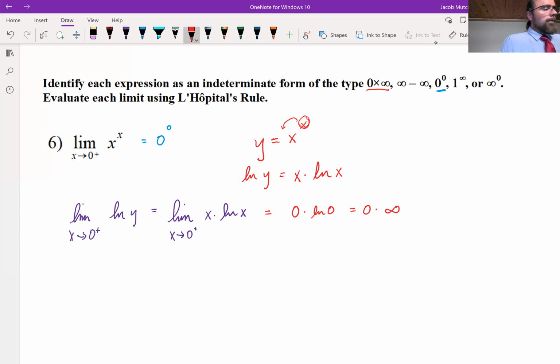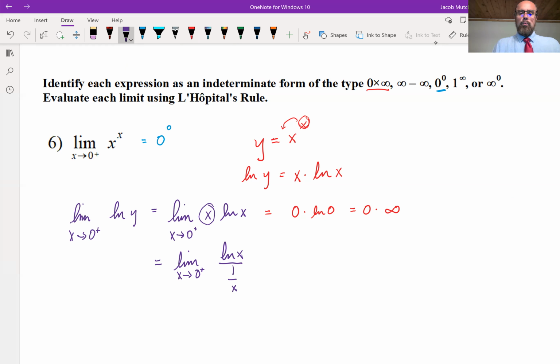So what I want to do is I want to rewrite this limit of x times natural log of x. I'm going to call that the limit as x approaches 0 from the right of the natural log of x. I'm leaving this term in the numerator, but I'm going to divide by 1 over x. And essentially, I've just dropped this multiplier x down into the denominator.